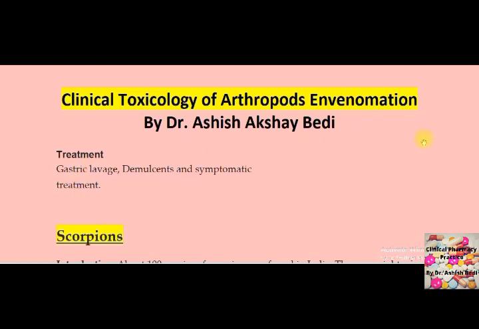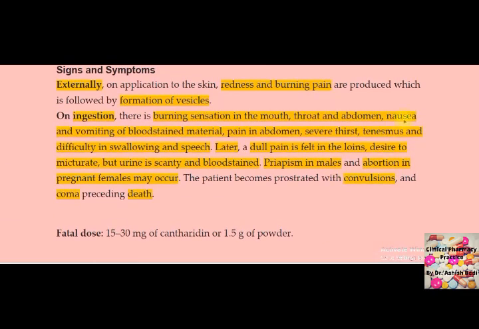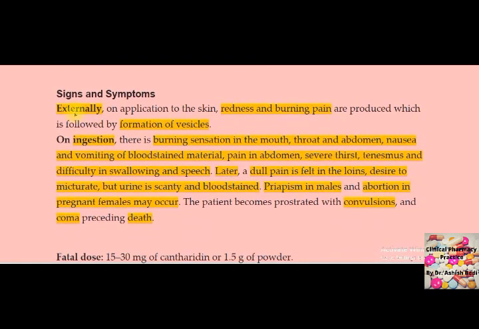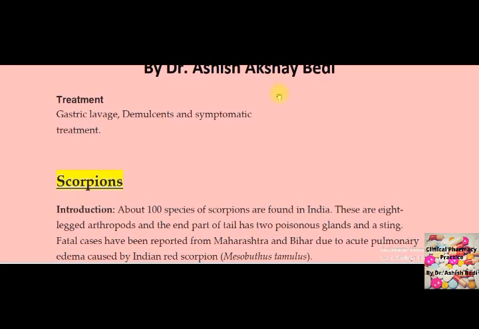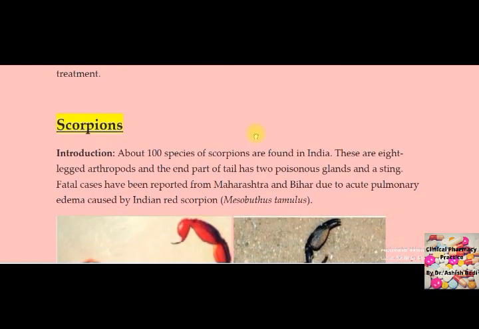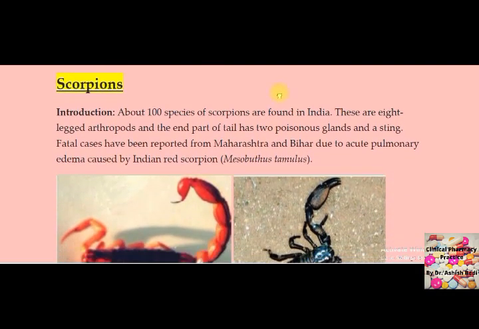Symptomatic treatment will be very simple. Based on the external or internal symptoms the patient is experiencing, based on that only you have to treat that patient. Okay, this is all for Spanish fly.